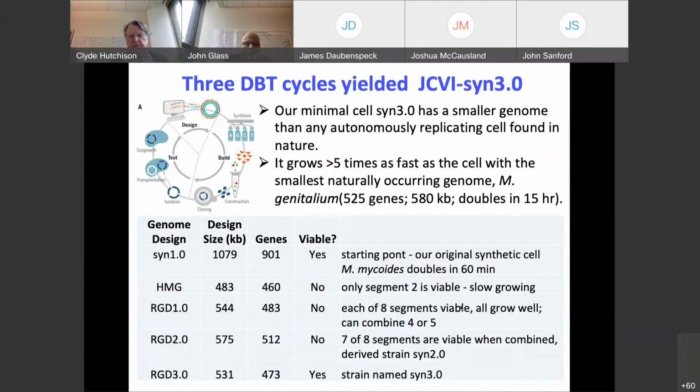So we helped with sequencing that genome. And over the years, we've evolved the system so that we have a design build test cycle for building chromosomes. And we made SYN 3.0, which is smaller than any other known autonomously replicating cell.